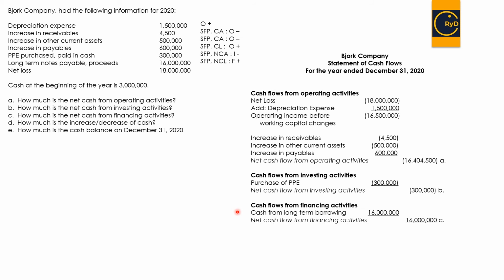So this is also the same amount for our net cash flow from financing activities. So we just sum it up. Our net cash flow then is negative 704,500. And then we add our cash beginning at 3 million. So our cash end is 2,295,500.